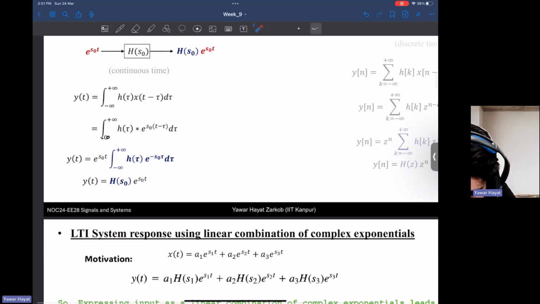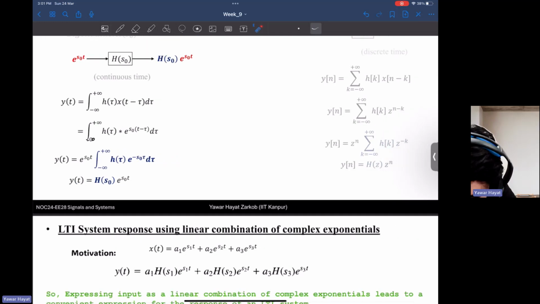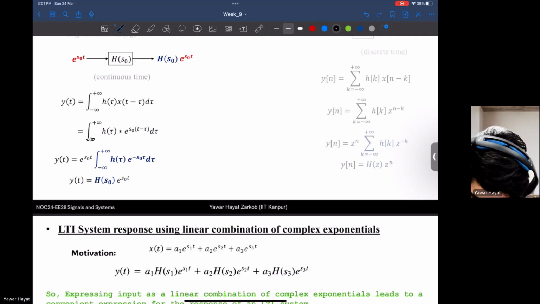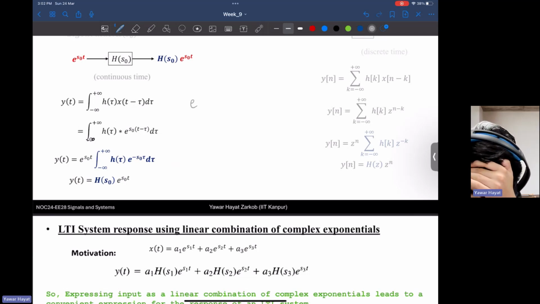So what will happen is, say, for instance, I have some value of this s naught. For example, s naught is 2j, because it can be any complex number; we did not define any condition on this. So e to the power 2jt, right?